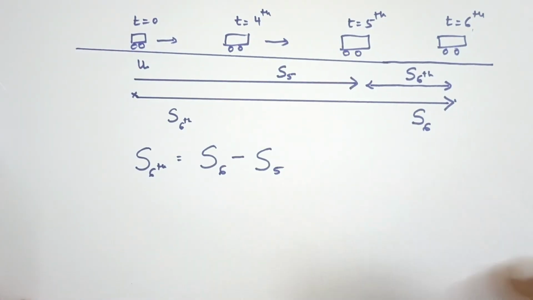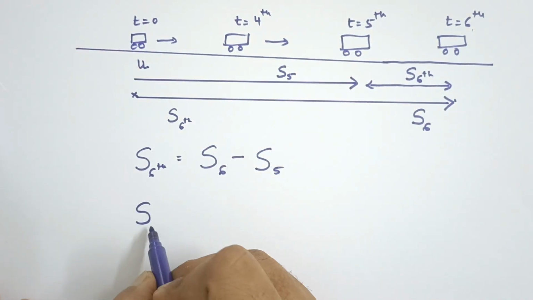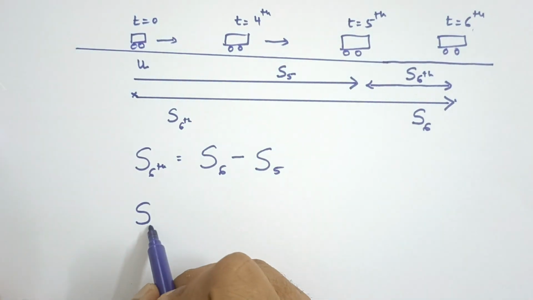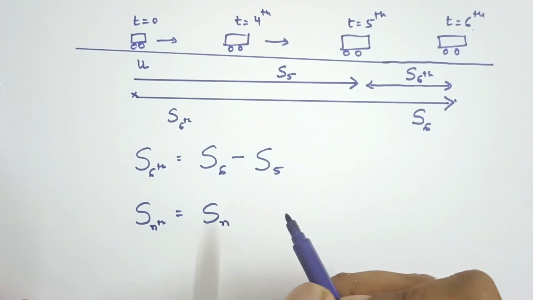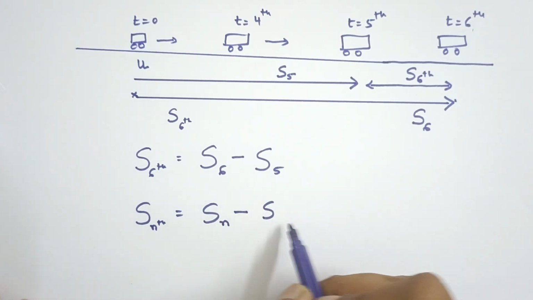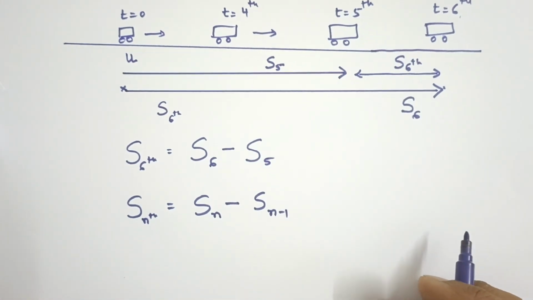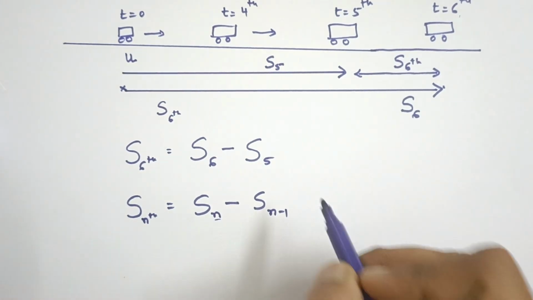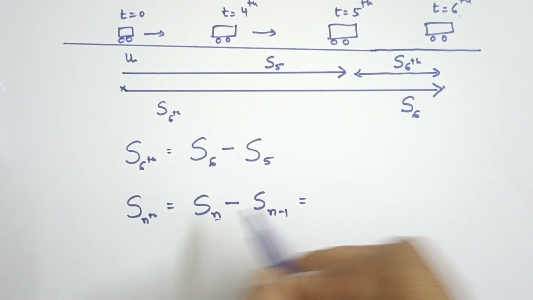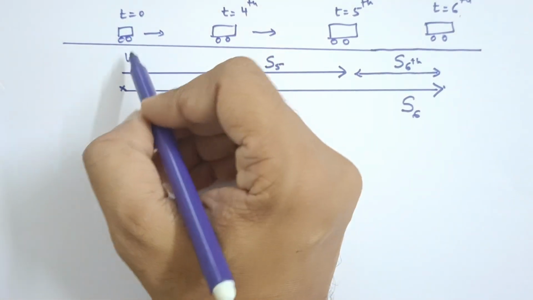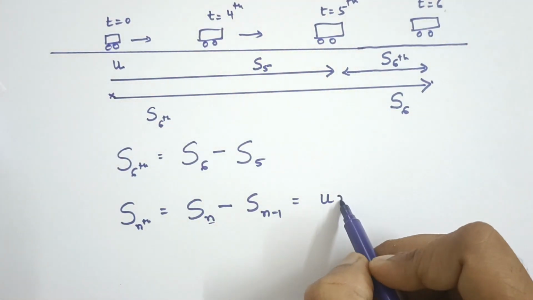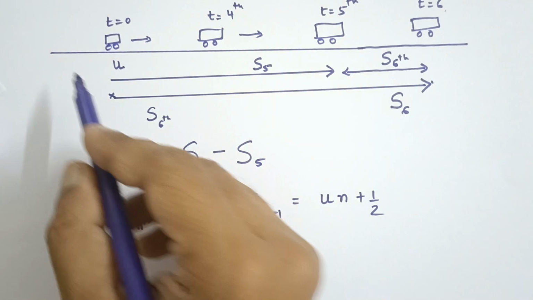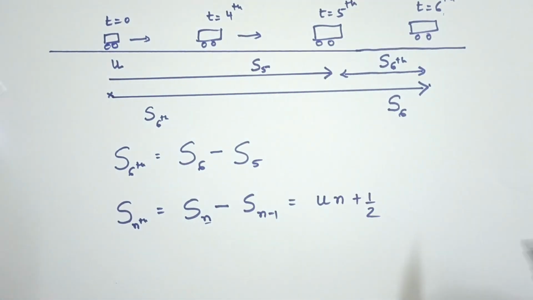Now in the same way, if I generalize, the distance or displacement traveled by the car in the nth second is equal to the distance traveled in n seconds minus the distance traveled in n minus 1 seconds. Correct. Now this n is basically the time, so s is equal to ut, the initial velocity is u, now here the time is n, plus half a n square, since during this entire motion acceleration remains constant.